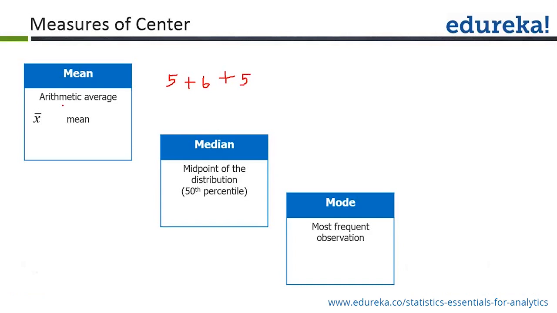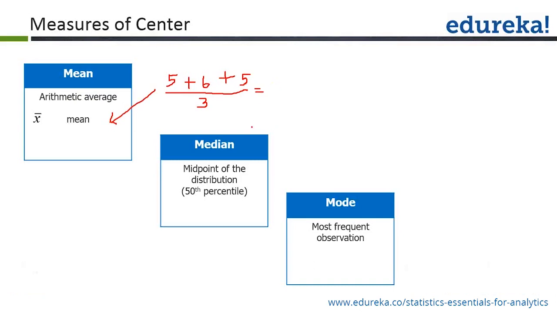When you're talking about the mean or the arithmetic average, you just add these numbers and divide by the total number. So this is the arithmetic mean. The mean in this case will be 16 by 3, so it may come to 5 point something, correct?